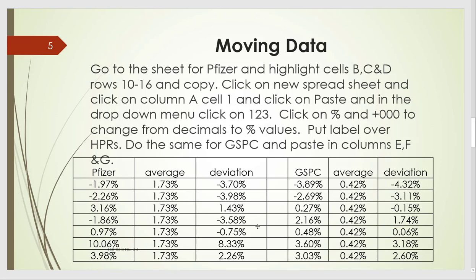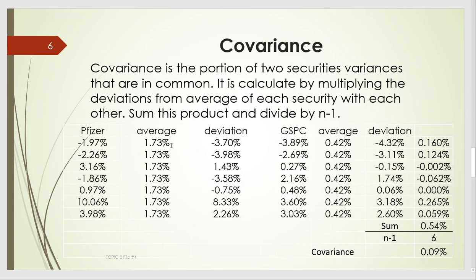Now I'm interested in multiplying the deviations of Pfizer with the deviations of GSPC to be able to get the covariance. So on this slide, you'll see that I've multiplied the two deviations. The extreme right-hand column is the column with all the data for the product, the multiplication of the two deviations.